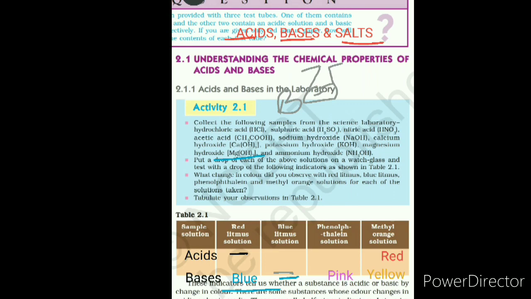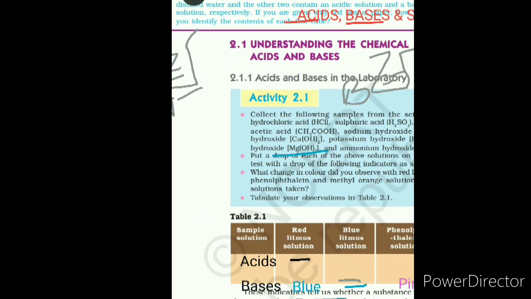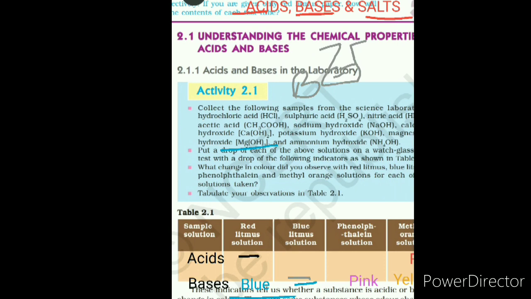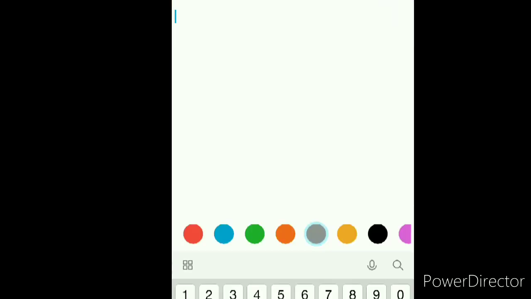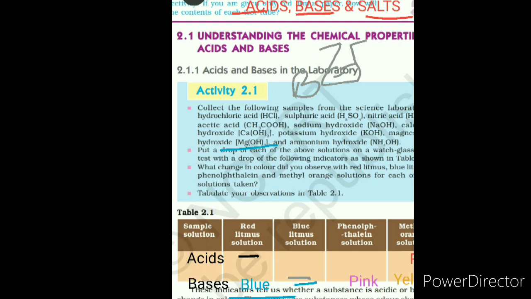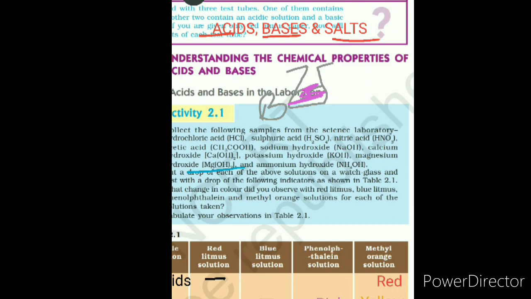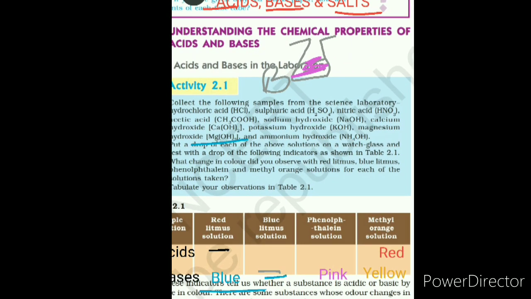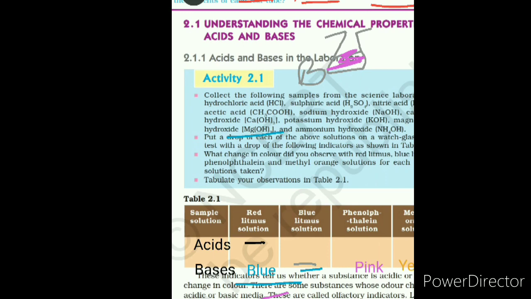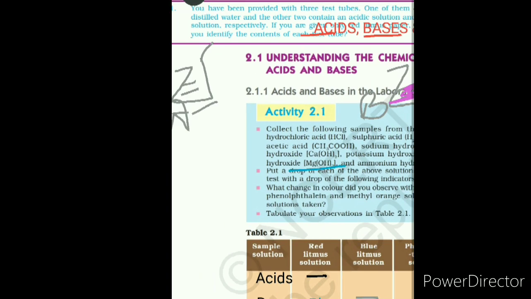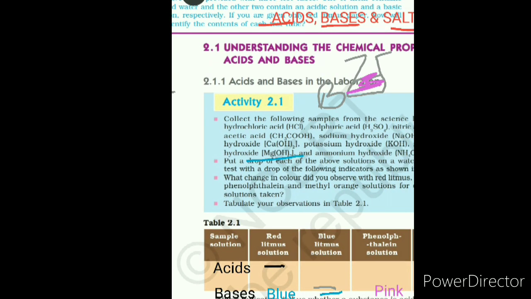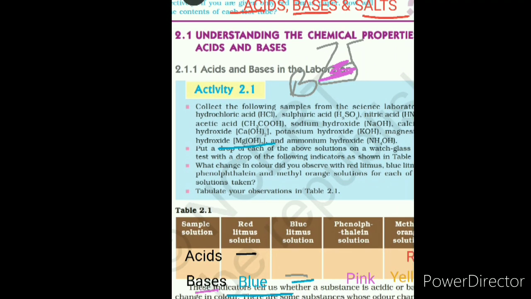So when hydrochloric acid is added to the phenolphthalein, the color does not change. But when we add it to the bases, then the color of the bases will become pink. So I have written here, when we add phenolphthalein to acids, the color does not change, but when we add phenolphthalein to bases, the color will become pink.